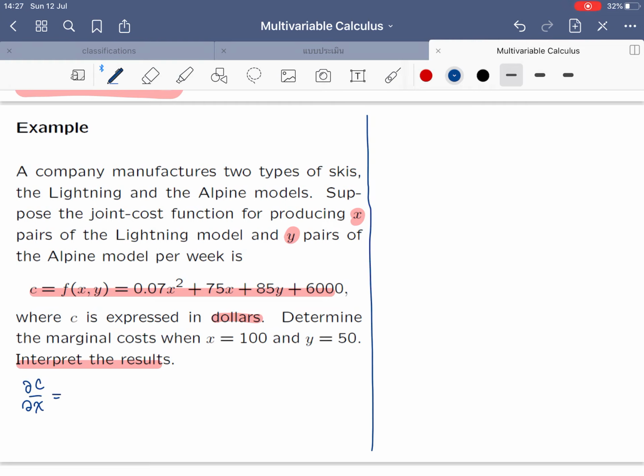Again, if you take a look, here is a variable x, there is a variable x, and the rest are constants under consideration. So this one is 0.07 times 2x and 75, and the rest are 0. You can calculate it to be 0.14x plus 75.